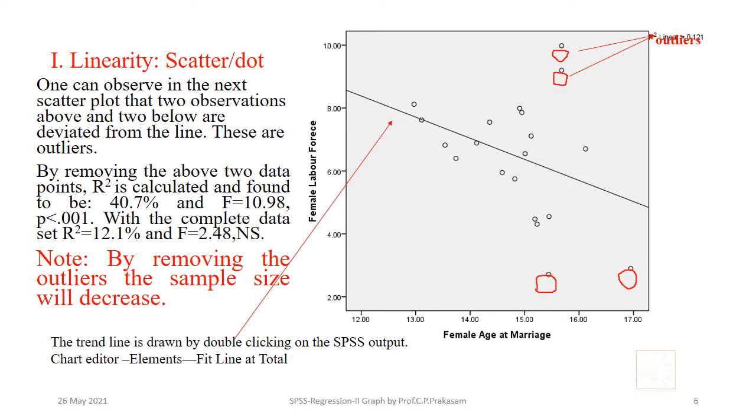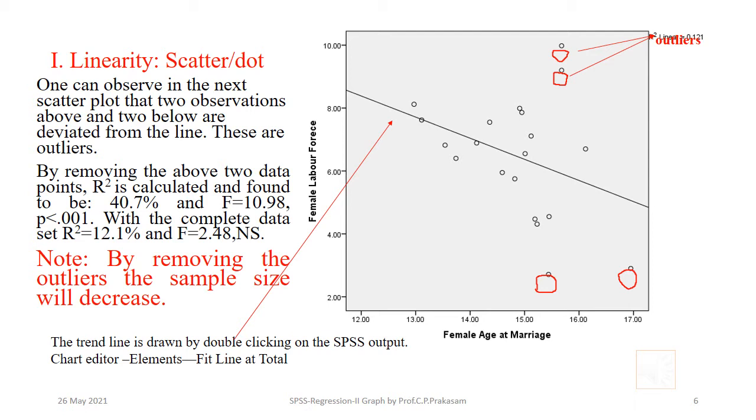If we remove the above two dot points and recalculate the R square, which has been discussed earlier, you will find that 40% of the variation in female labor force is explained by female age at marriage, whereas if you include the other two points, the data shows 12.1% variation.